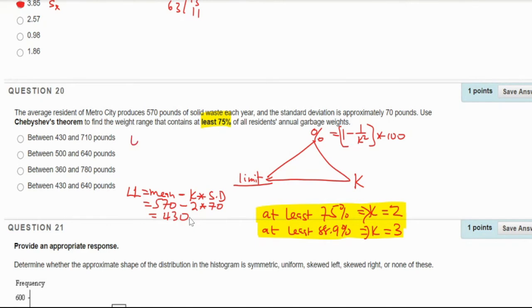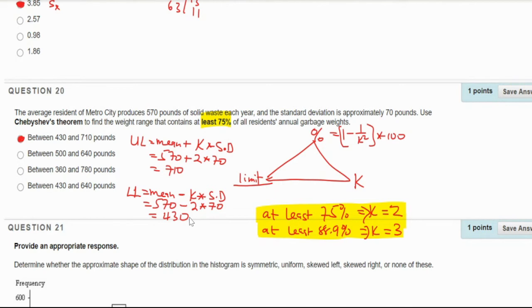Then the upper limit is the mean plus K times the standard deviation. So 570 plus 2 times 70, which is 140 added, so that'll be 710. So it looks like the answer is the first one.